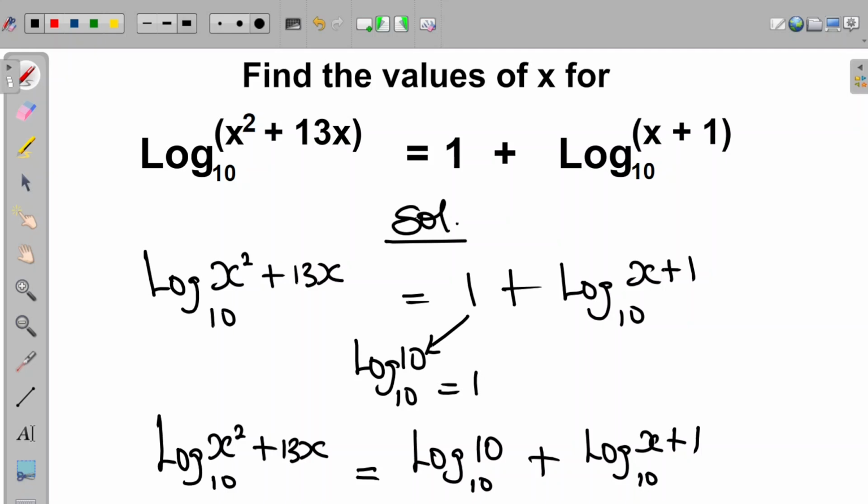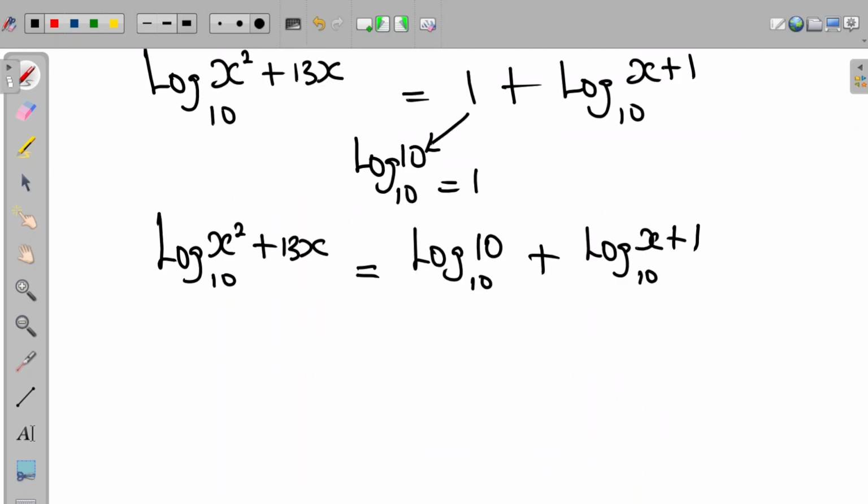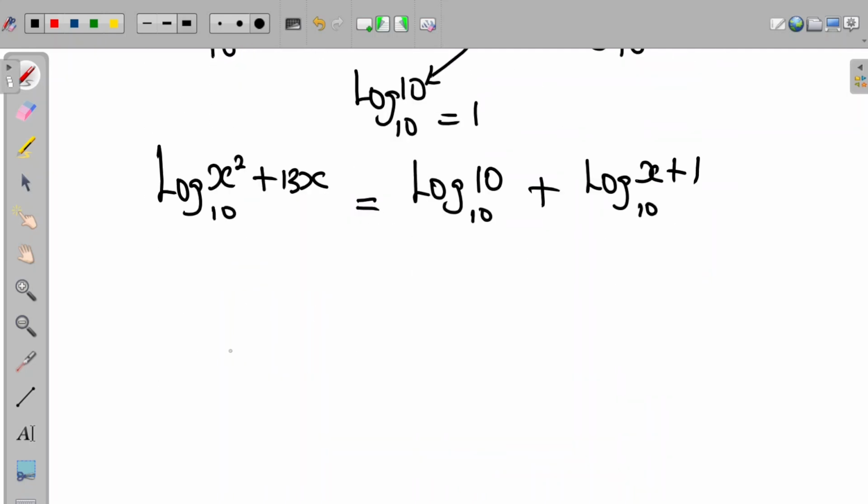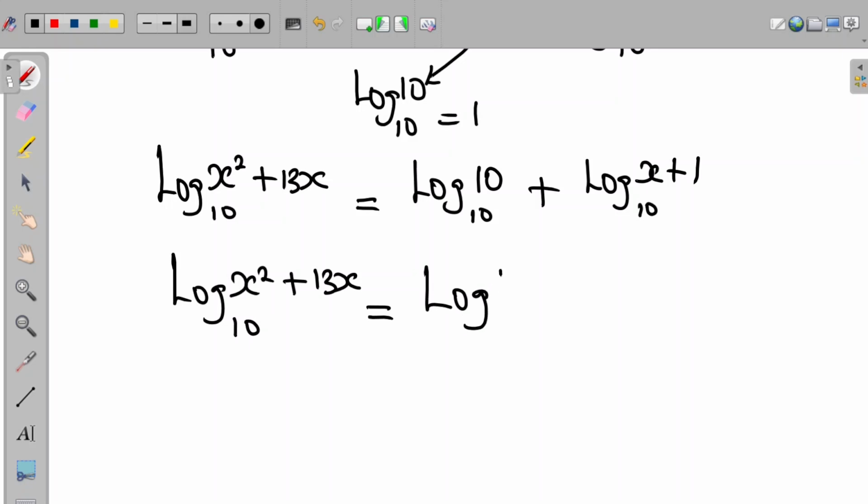Now, looking at the right hand side, we can apply the addition law of logarithm. So the equation now becomes log(x² + 13x) in base 10 is equal to log of 10 times (x + 1) in base 10.